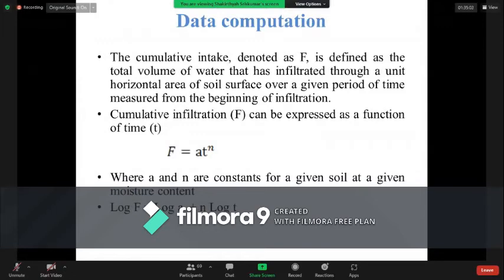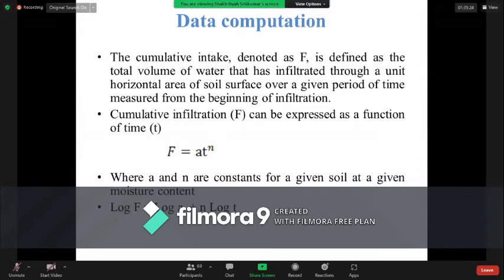The cumulative intake, denoted as F, is defined as the total volume of water that has infiltrated through a unit horizontal area of soil surface over a period of time, measured from the beginning of infiltration.